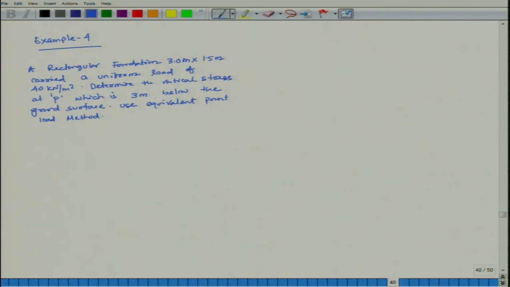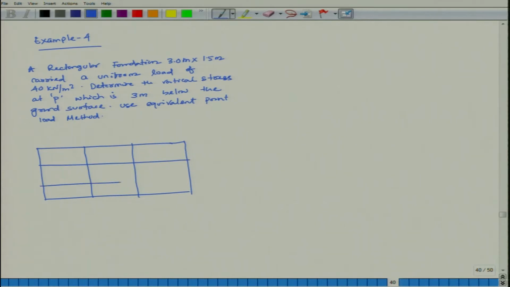So, in this case, this is what is given: 3 meter by 1.5 meter.